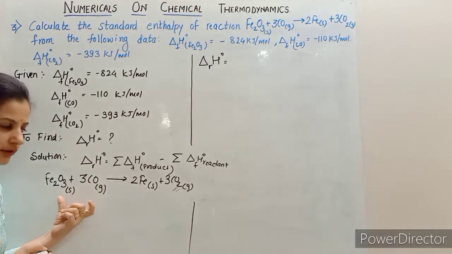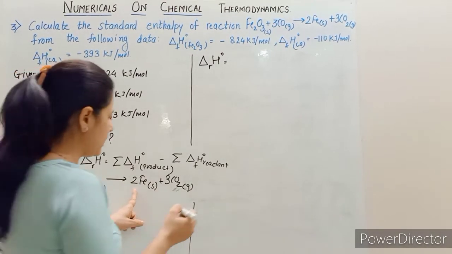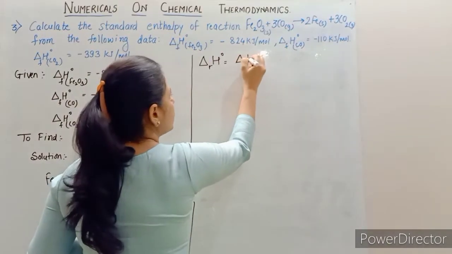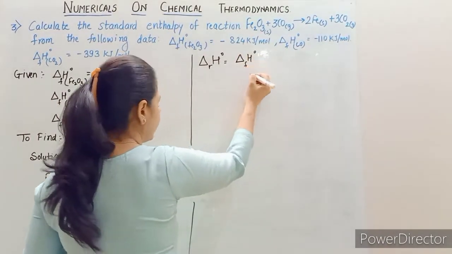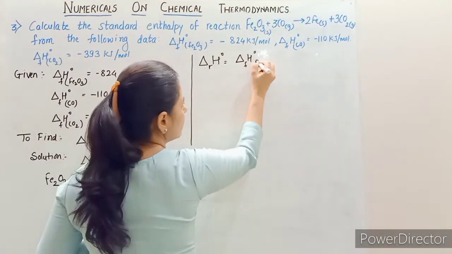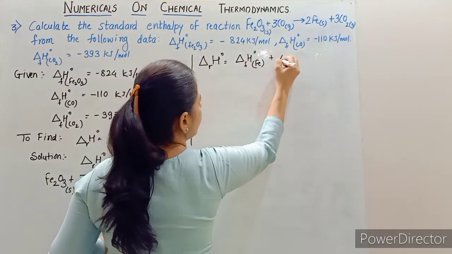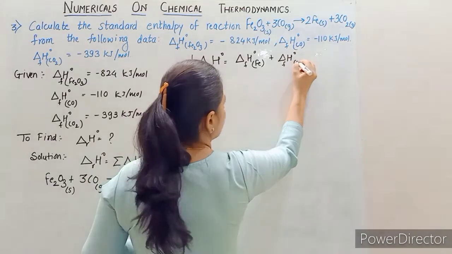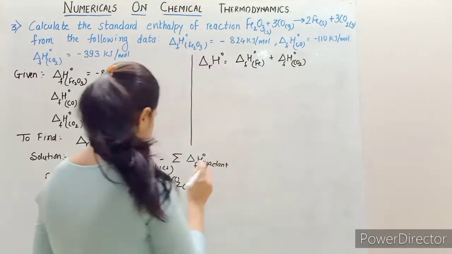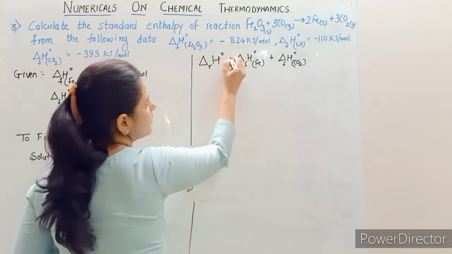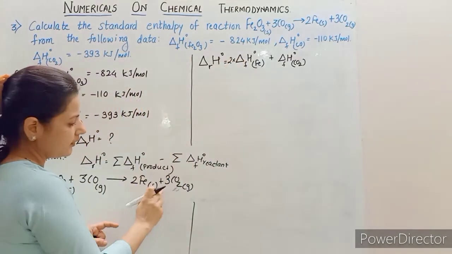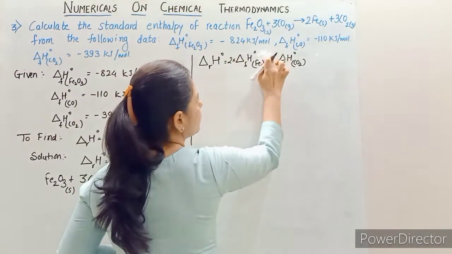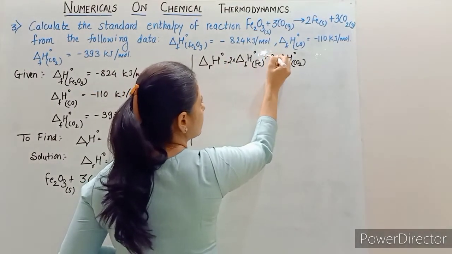This is your reactant, this is your product, so we take the standard enthalpy of formation of Fe plus the standard enthalpy of formation of CO2. Here there are 2 Fe, so we multiply it by 2, and there are 3 CO2, so we multiply it by 3.